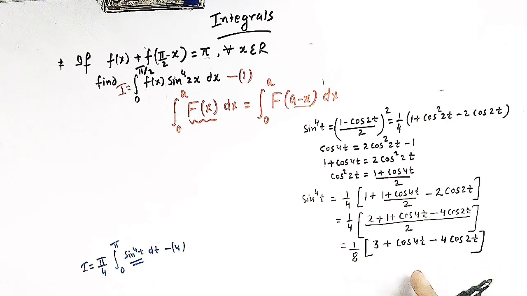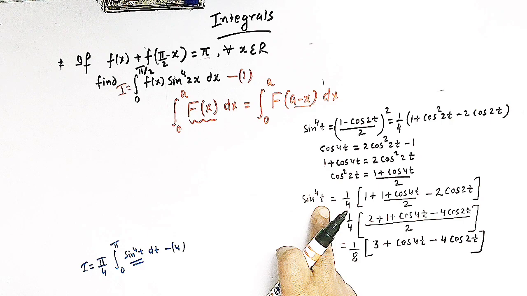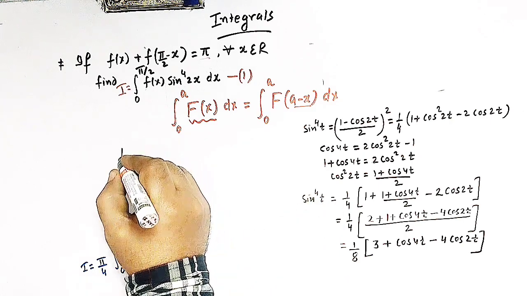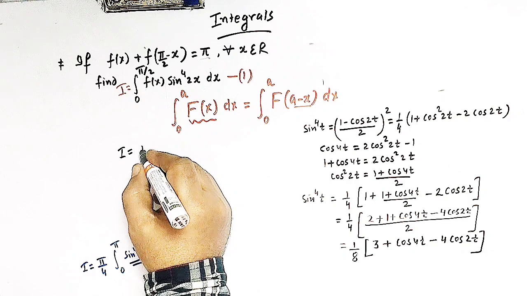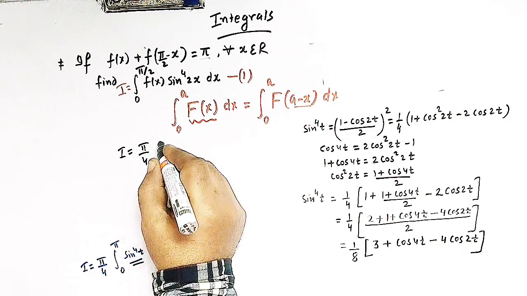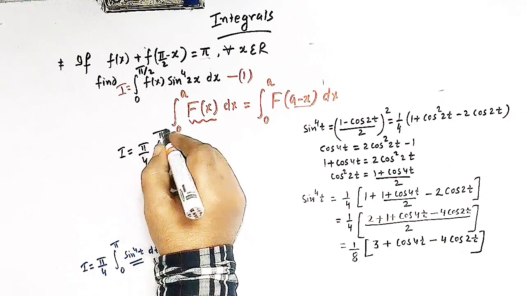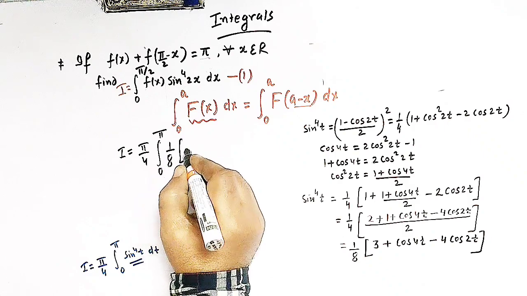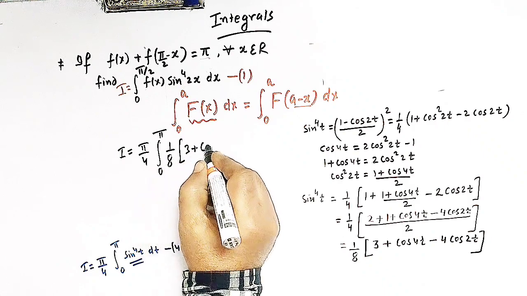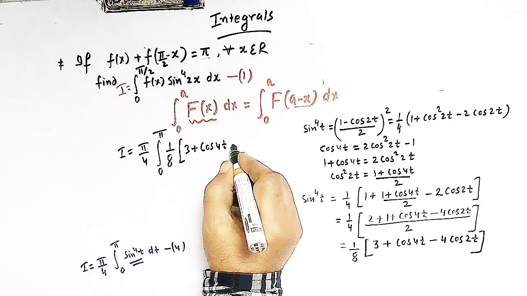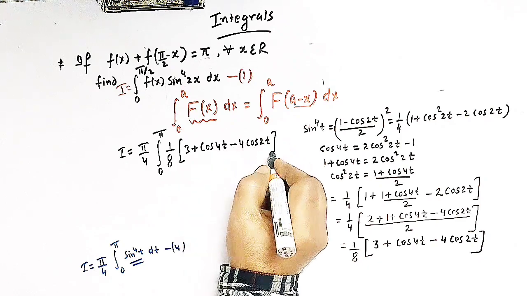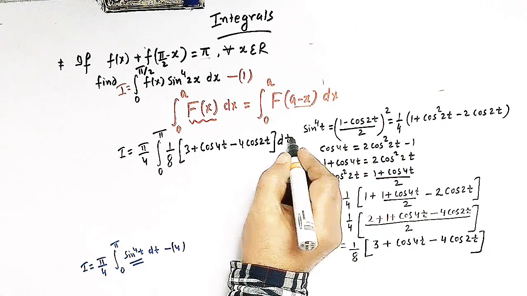And now let us substitute the value of sine t raised to 4 in this integral. So we can now write I is equal to pi by 4, integral from 0 to pi, and then we have 1 over 8, (3 plus cos 4t minus 4 cos 2t), and here we have dt.